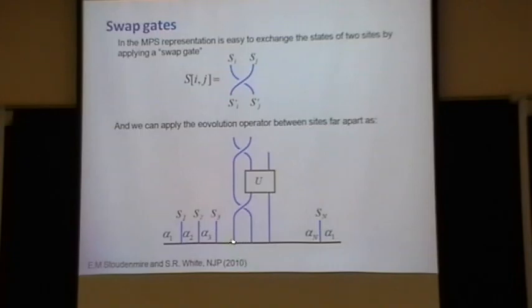So it brings one site from here to here, and another site from here to here. So you can concatenate these swap gates if you will. But imagine here that we want to apply the evolution operator between this spin 4 and this spin 5. So what we do is we swap 4 and 5, we apply the gate between nearest neighbors, and then we swap back to the original positions. And this is a nice trick that can be implemented if you use this sort of matrix product format.